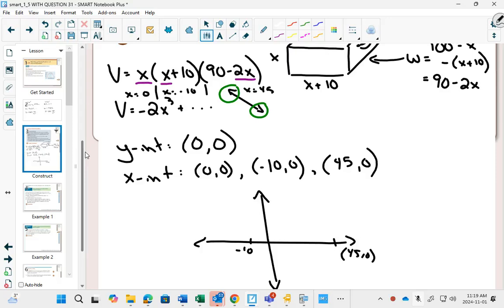Trying to be approximately to scale. And so I have this point, and this point. And I know my end behavior, so my graph has to start up here, go straight through, straight through, straight through.